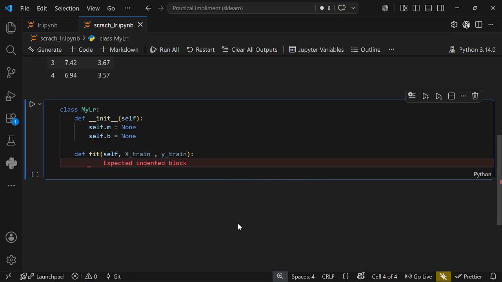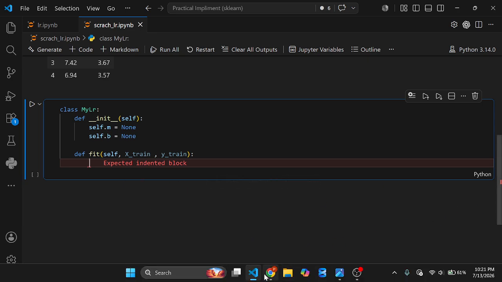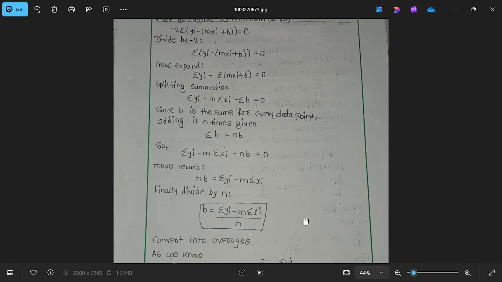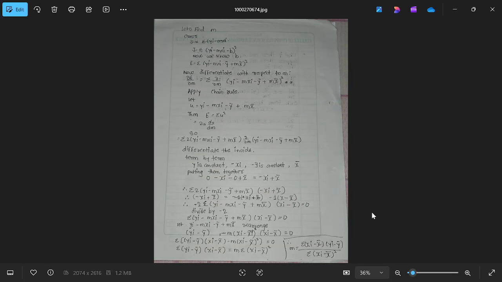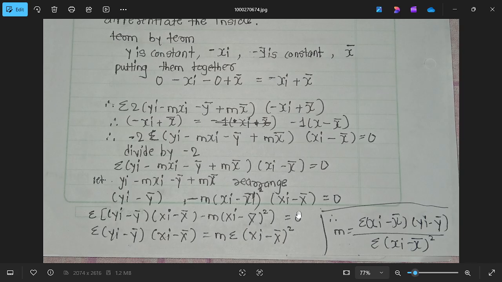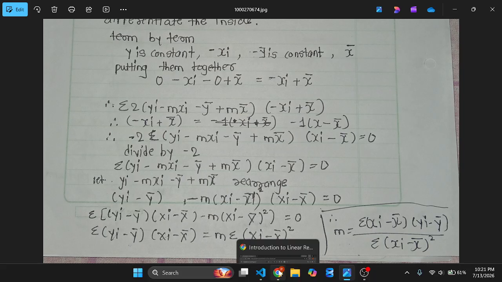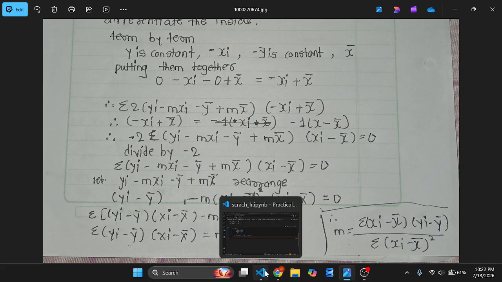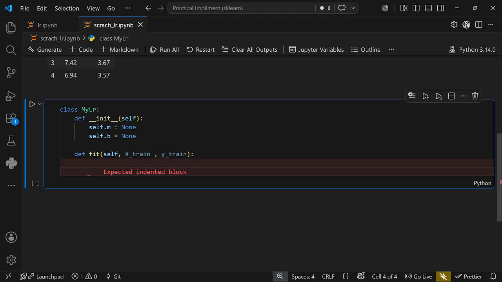First we are going to calculate self dot m here, which is also the coefficient of our model. As we know the formula, first we have to calculate the numerator, then the denominator. So let's take the numerator first.